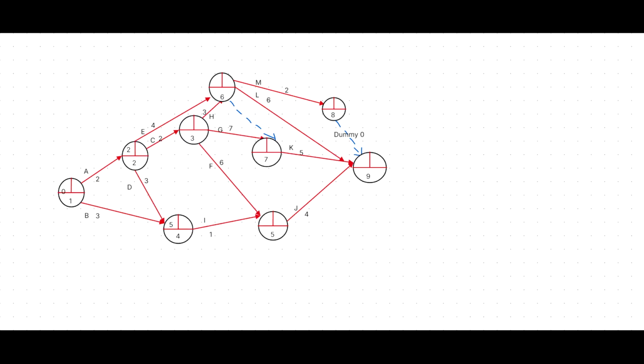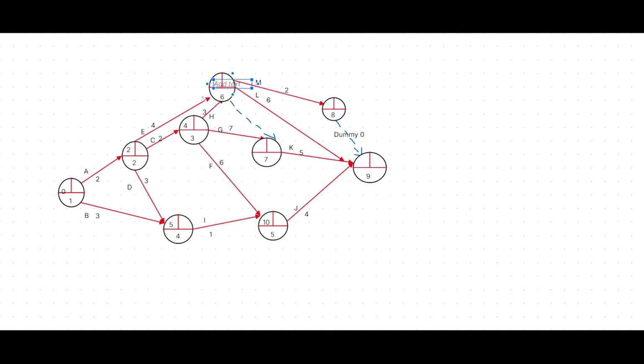But via C it is 4 plus 6, which should be the fifth one, 10. The highest we select. 10 plus 4, 14. But here 2 plus 6, 7 is the highest.